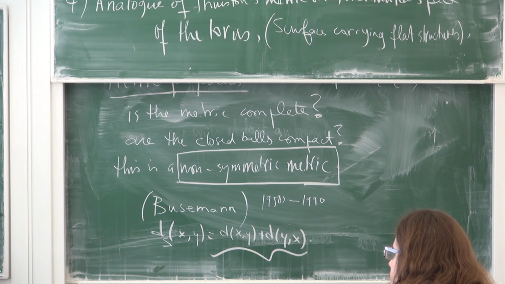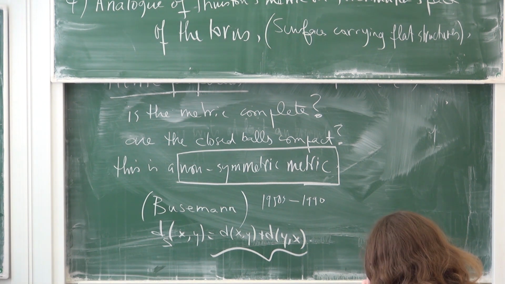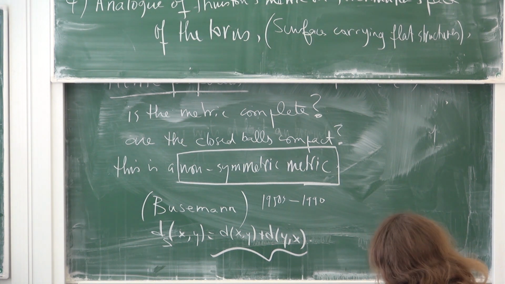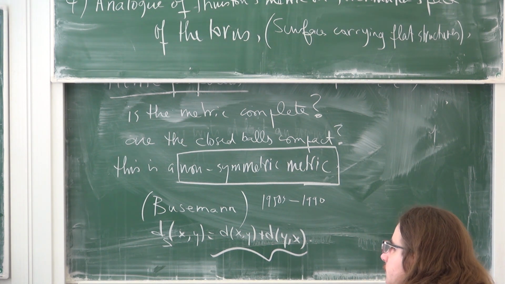In fact, it's easy to show that in this sense, the topology induced by the Thurston metric is the usual topology on Teichmüller space, the topology induced by the Fenchel-Nielsen coordinates, or by quasi-conformal mappings, or anything.